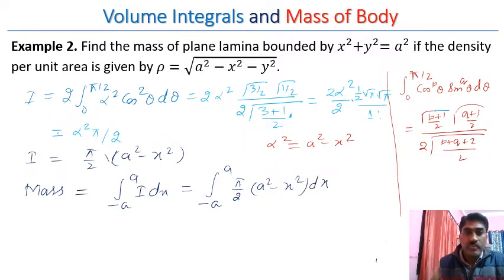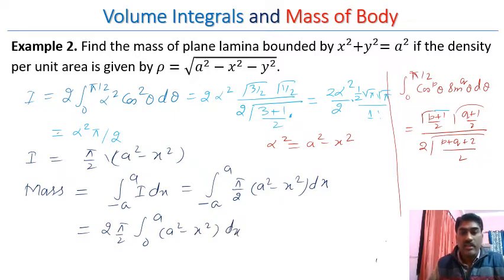Now, because again this integrand is symmetric, it is an even function of x, so we can take it 2 times the integral from 0 to a of a square minus x square dx. And I hope that you can integrate this easily.